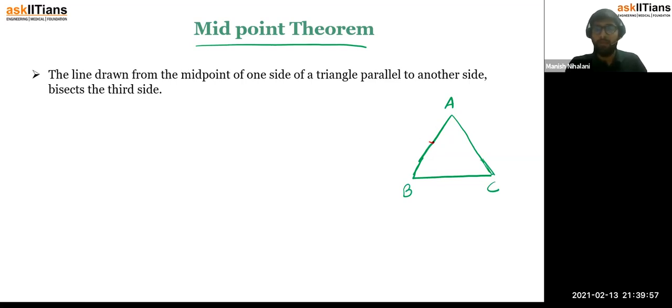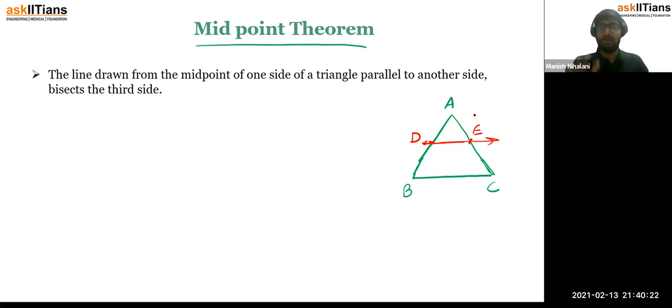Let's consider the midpoint of side AB as point D. Now you can draw line segment DE, which is parallel to BC, and let it cut the third side at point E.